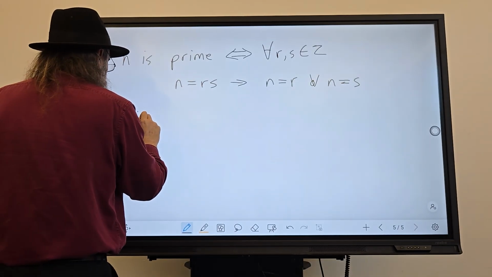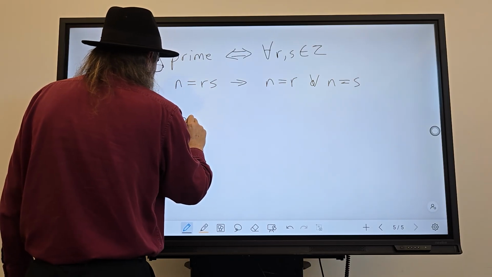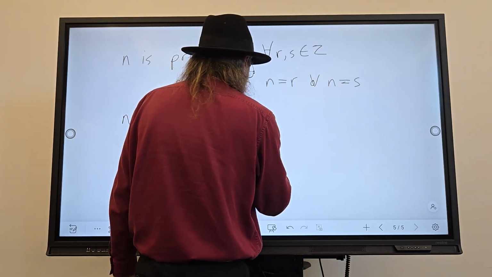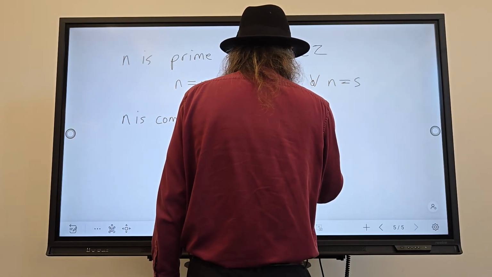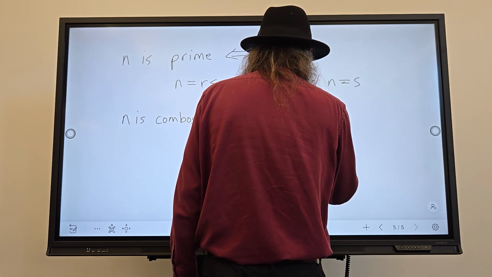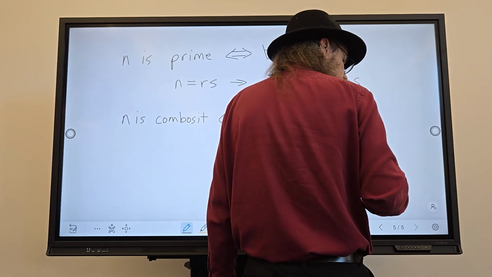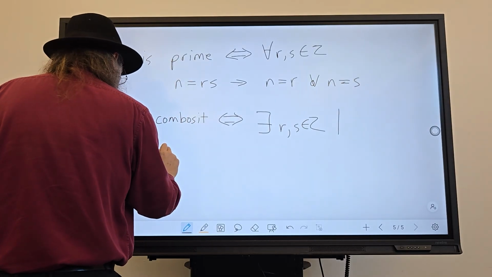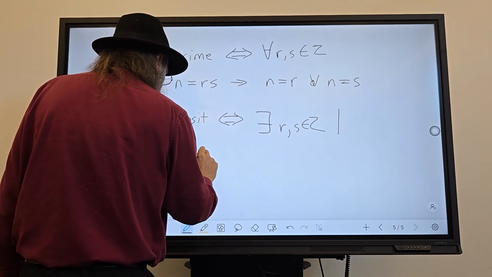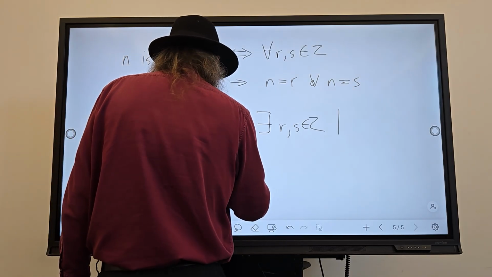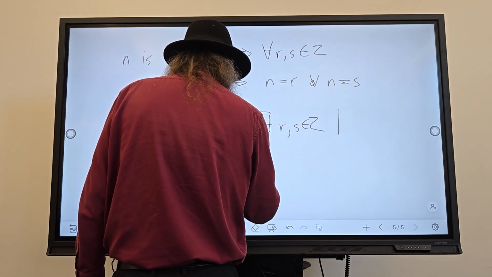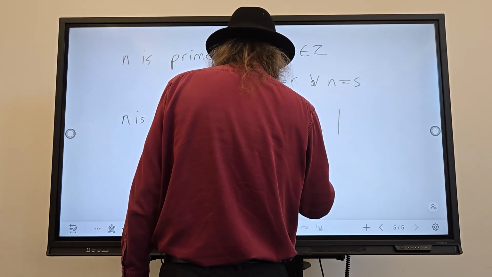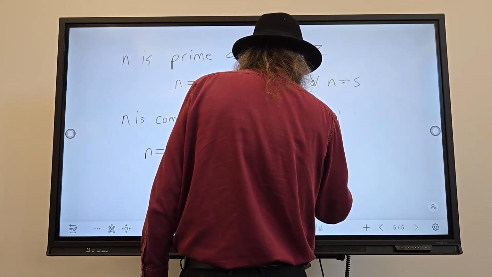N is composite if and only if there exist integers r and s such that n equals rs, and r is between 1 and n, and s is between 1 and n.